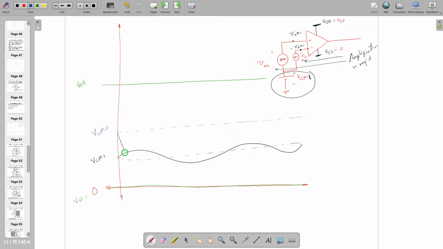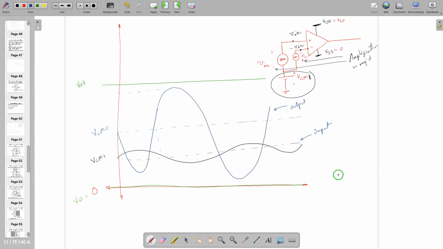and something like this. You will have, this is output and this is input. So here you can see you want this amplitude as high as possible.